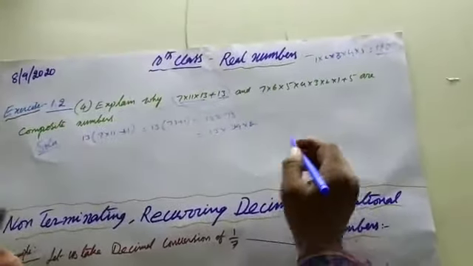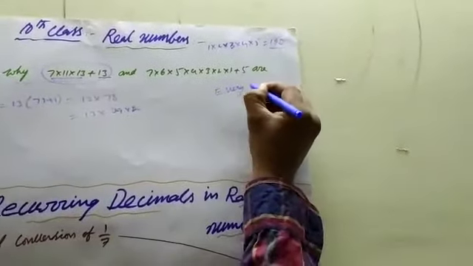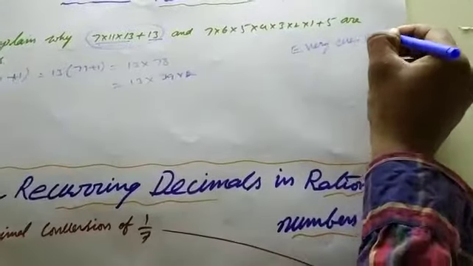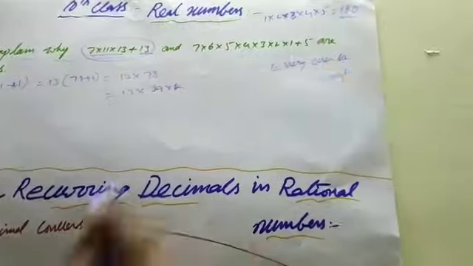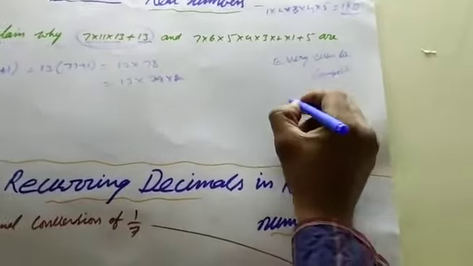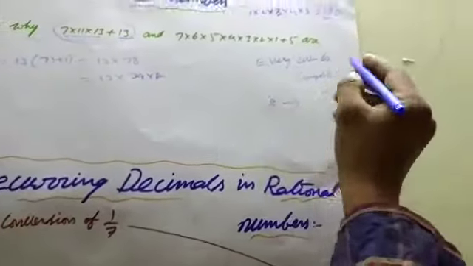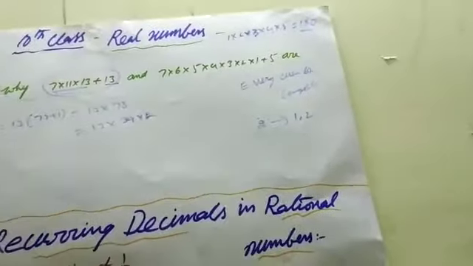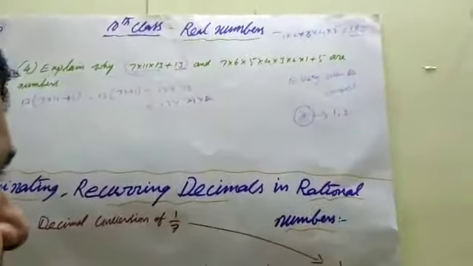For example, every even number is a composite number, except 2. Why? Because 2 is a prime number. The only factors of 2 are 1 and itself. Other than 2, all even numbers are composite numbers.